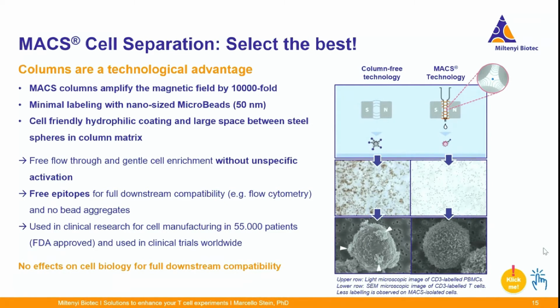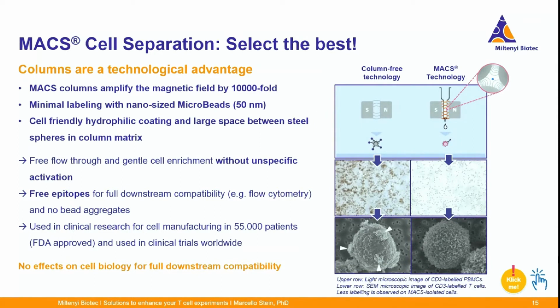It is important to note that the column allows for the most gentle sorting, since there is a large space between the steel spheres of the column matrix, with about 20 times the size of a lymphocyte. The T-cells will pass through smoothly without any negative effects. As you can see here, this is a small lymphocyte and there's really more than enough space between the steel spheres and the column.